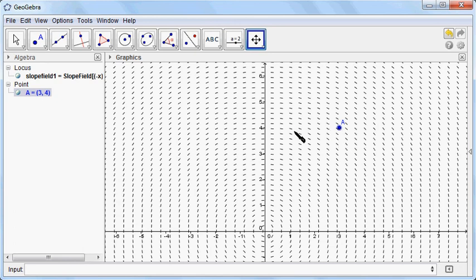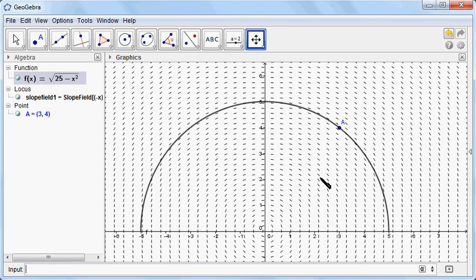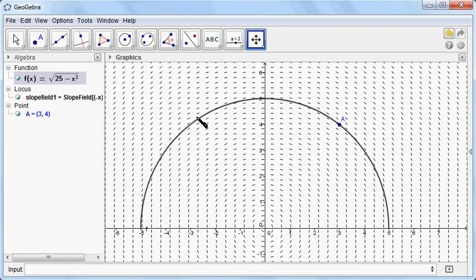So let's see if this will work. The solution was y equals square root of 25 minus x squared. If you hit enter, this is the solution curve, and you can see that the solution follows the flow of the slope field, and it goes through the point 3, 4.